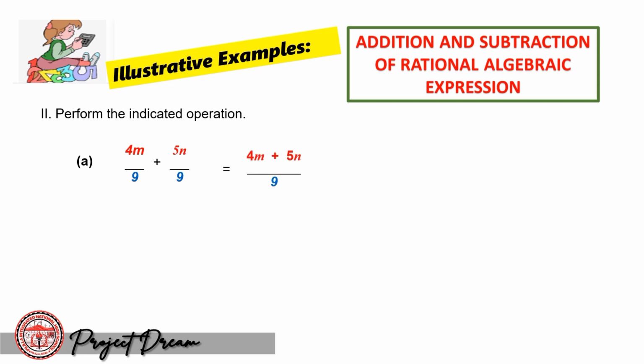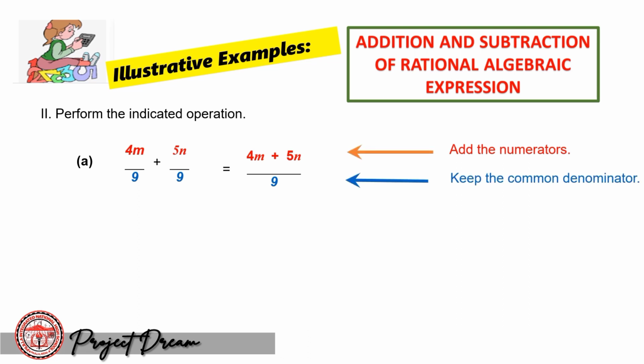So we're going to add the numerators 4m and 5n. 4m and 5n are dissimilar terms, so you can't add 4m and 5n. But you have to express this as 4m plus 5n all over the common denominator 9. So we add the numerators, then we keep the common denominator.